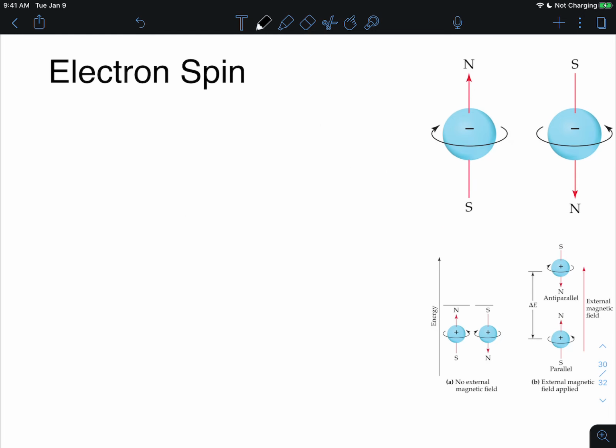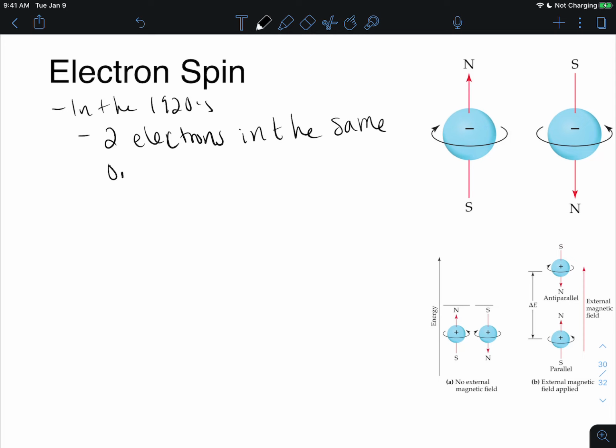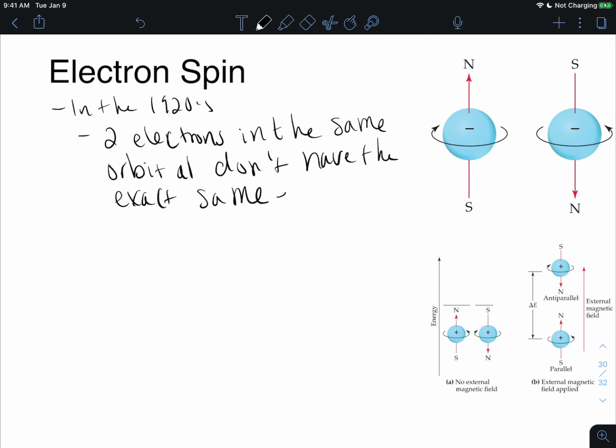The next topic I want to discuss is electron spin. So back in the 1920s, experiments were done, and it was found that 2 electrons in the same orbital don't have the exact same energy. They found this in high resolution spectra.